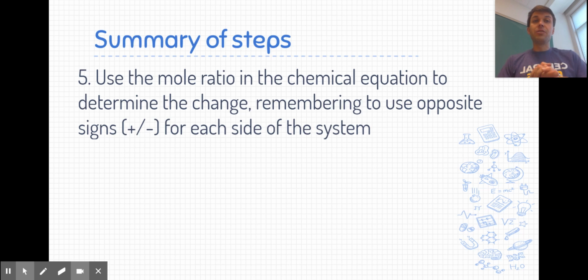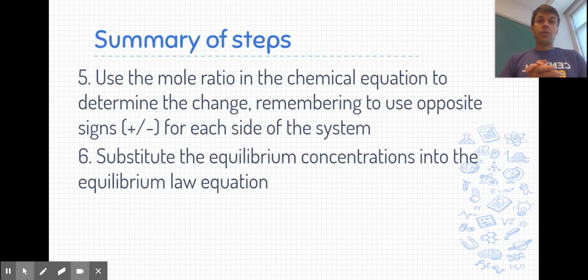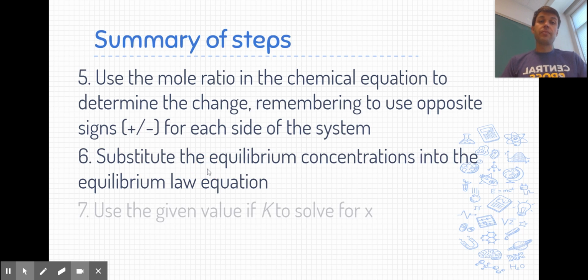Next, we had to write in those values of x, which were the change values. We got those values from the mole ratio, remembering that if one side of the equation is increasing, the other side is decreasing. We found our equilibrium concentrations that involved x, and we substituted those into the equilibrium law equation.